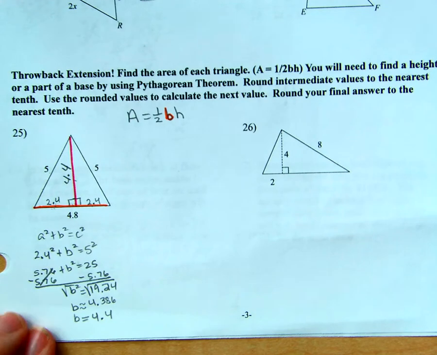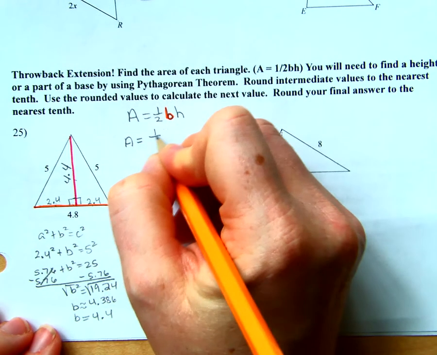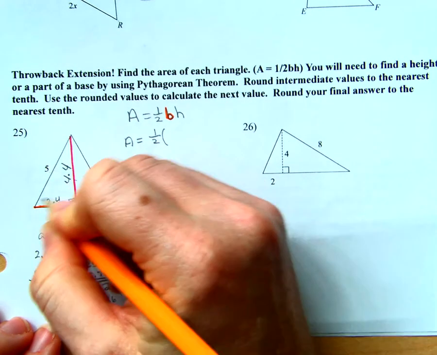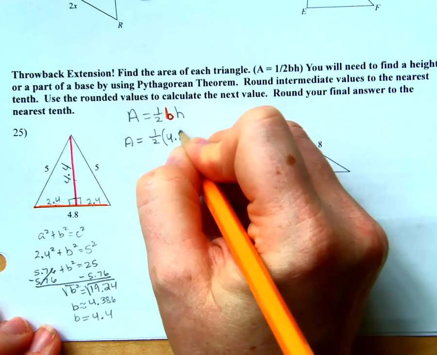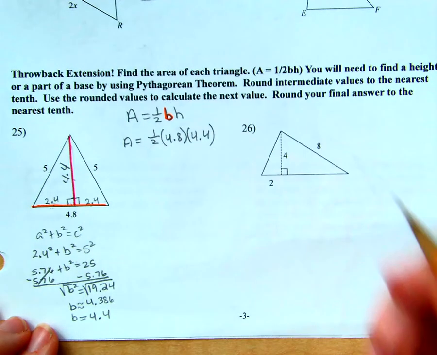Right? So now I have a base and I have a height. So I can find the area by doing 1/2 base, which is 4.8, times height, which is 4.4.